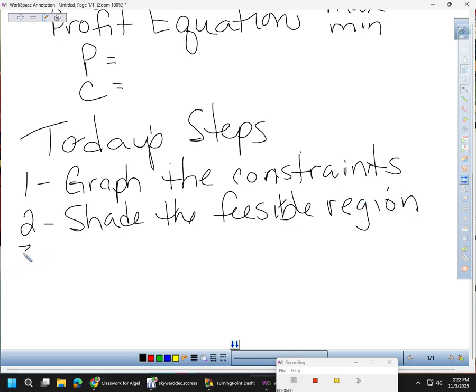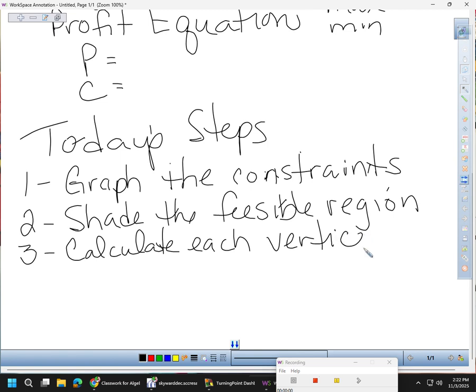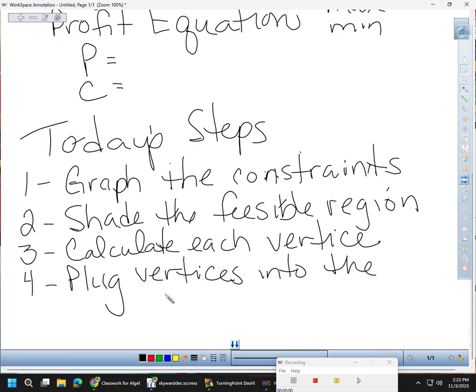Step 3, calculate each vertice. Step 4, plug vertices into the profit equation.